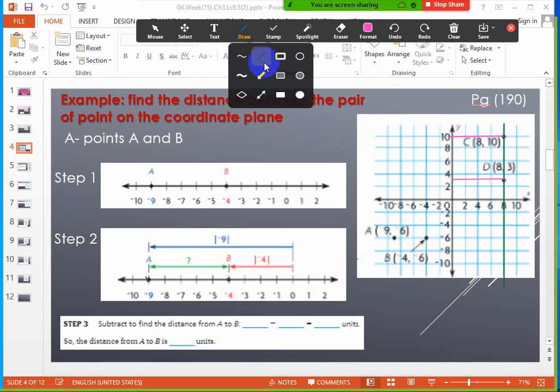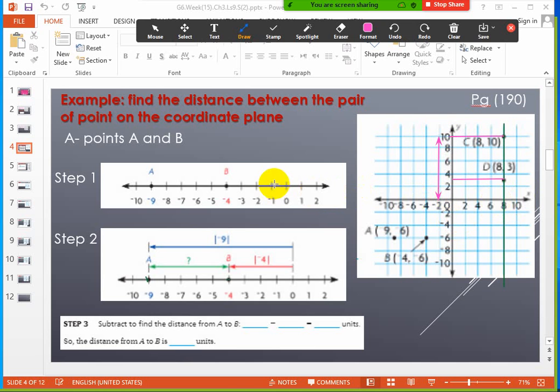The y-coordinate told me that the distance between this point and the 0 on the y-axis is 10. That means this 10 is the distance between this point and the 0 point. This is 10. And the y-coordinate here is 3.